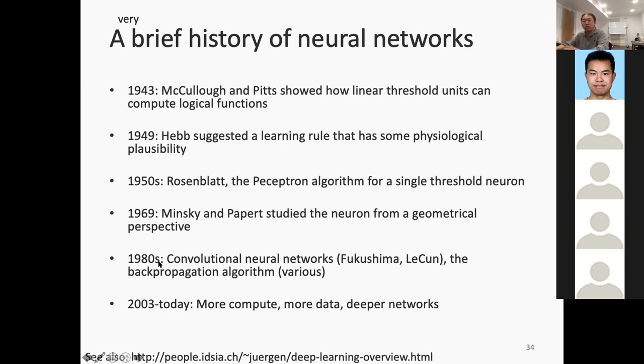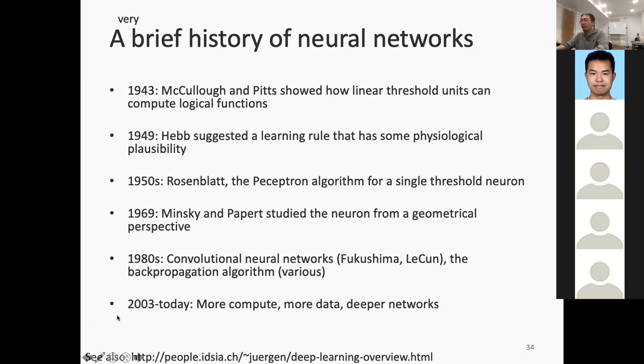In the 1980s, convolutional neural nets. So right now, I believe all the image applications are dominated by these convolutional neural nets. They were invented by a Japanese scientist, and also in the 1980s, the backpropagation algorithm, actually the cornerstone of the modern neural network, had already been invented, about 3 decades ago, right?